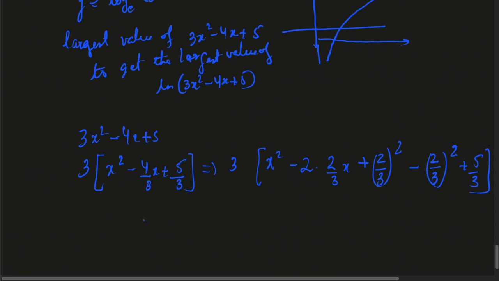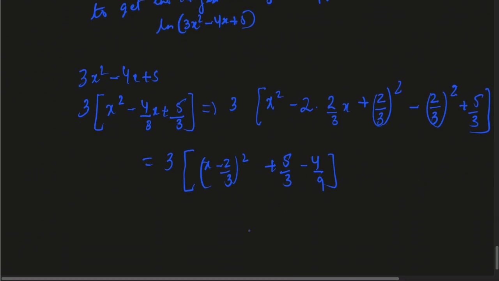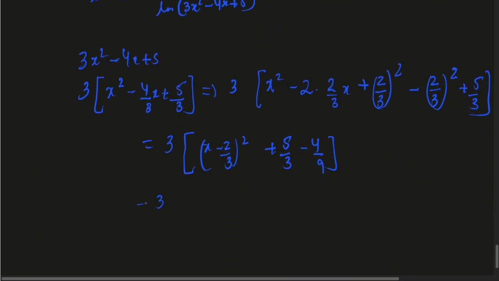Now let us write it as 3 into x minus 2 upon 3 whole square plus 5 by 3 minus 4 by 9. Now let us write it as 3 into x minus 2 by 3 whole square plus, this is 15 minus 4, 11 upon 9. This comes out to be 11 upon 9.